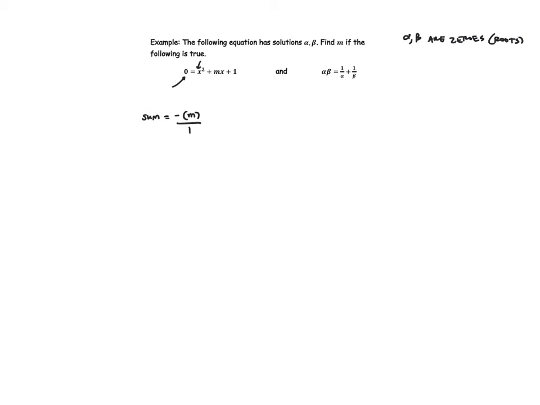I can see that the leading coefficient is 1 times x squared. So alpha plus beta is equal to -m. The product of our roots, alpha and beta, is going to be -1 to the second, that's the degree of the polynomial, times the constant term, which is +1 right there, all over the leading coefficient, which is 1.